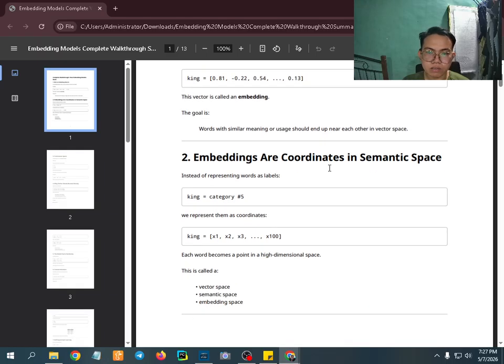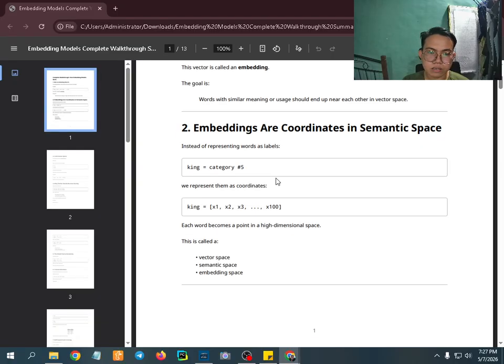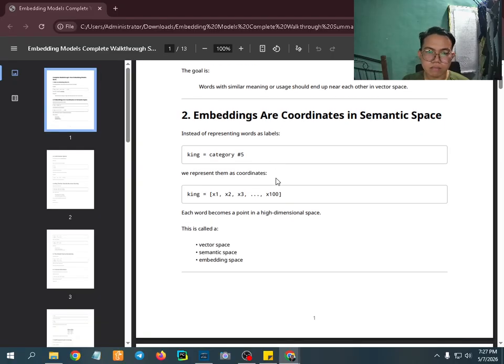So embeddings are coordinates in semantic space. Instead of representing words as labels, like "king is category number 5", we represent them as coordinates.